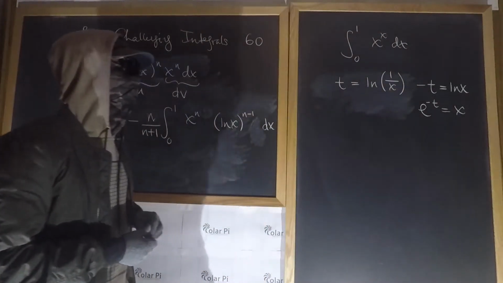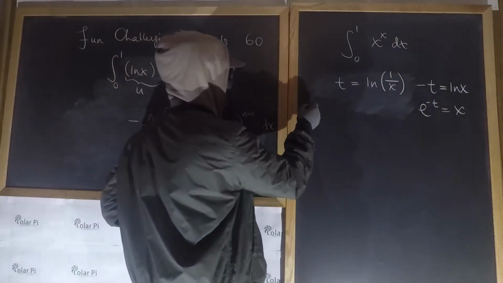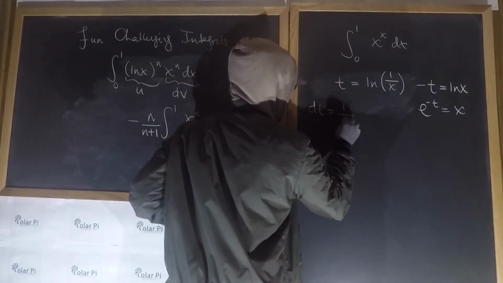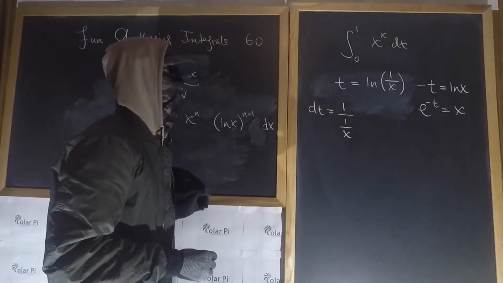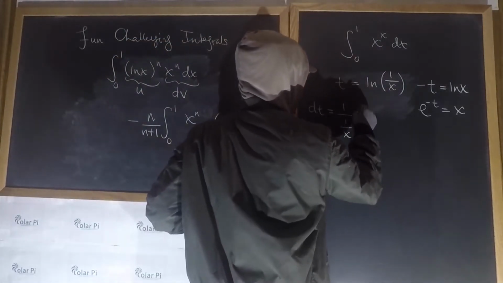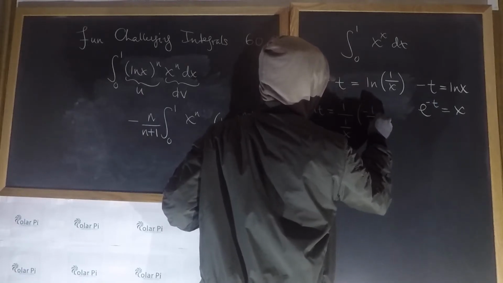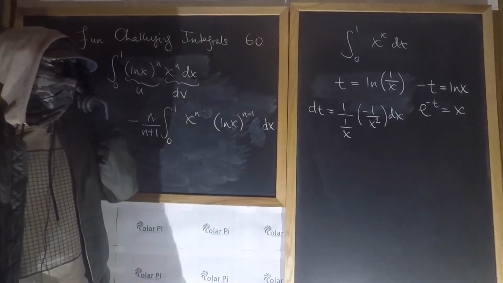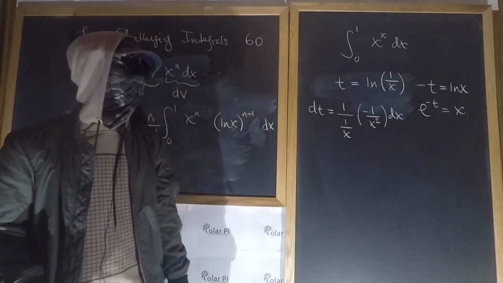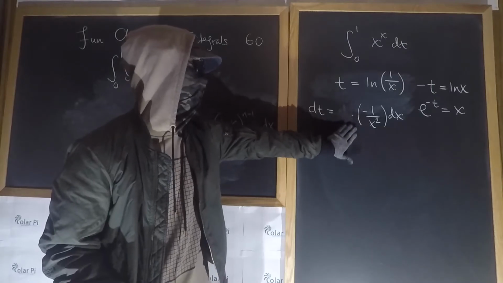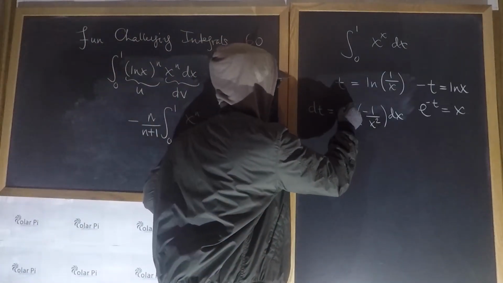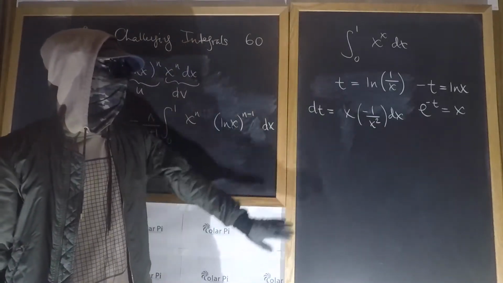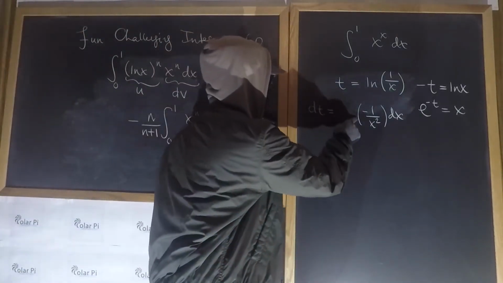Right? Furthermore, notice that dt is equal to 1 over x, and then by chain rule times the derivative of 1 over x, which is negative 1 over x squared, and then of course times dx. Right? Now 1 over x is just x, so I could write an x right here. Now x times negative 1 over x squared is just negative 1 over x.